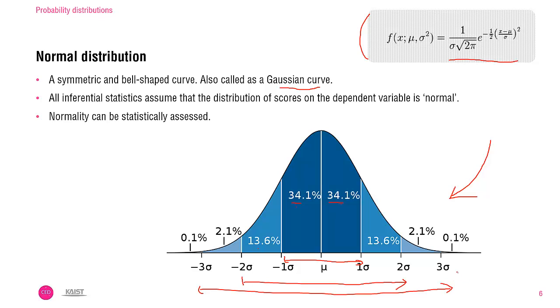99.7%. Based on this, some companies have a strategy of 6 sigma. Well, 6 and sigma look very similar, but that's due to my poor writing skill. So number 6 and sigma.